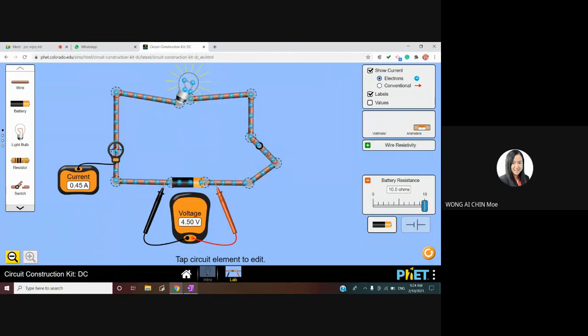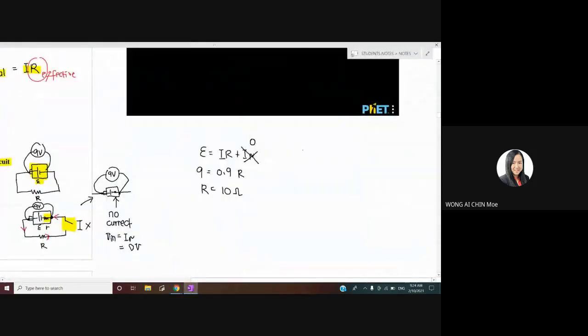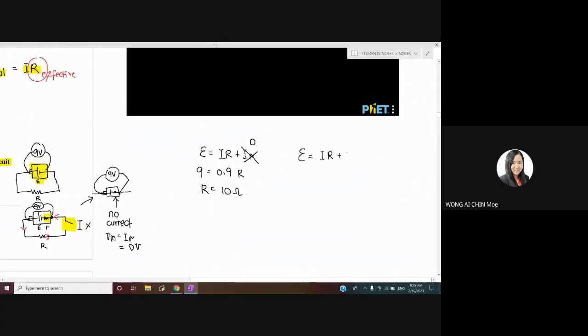So let's just calculate. Case number 2: EMF equals to IR plus internal and also external. So EMF initially is 9 volt, because the energy provided by the source, the battery, is 9 volt.